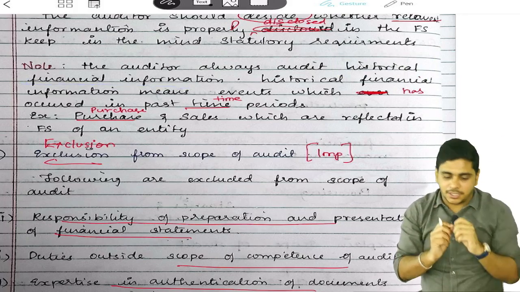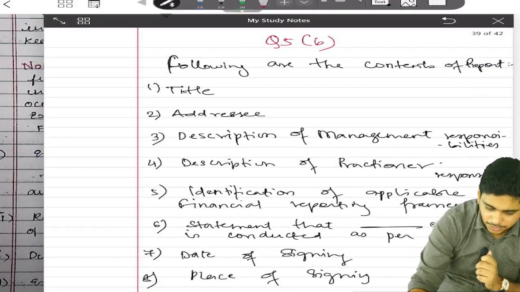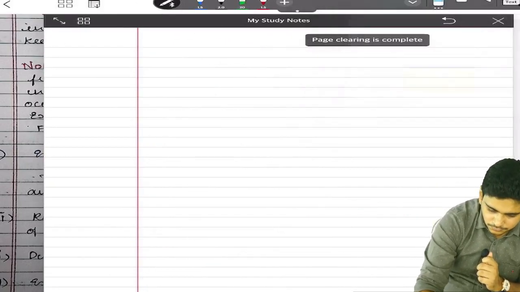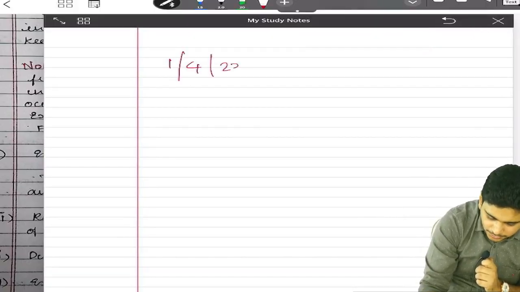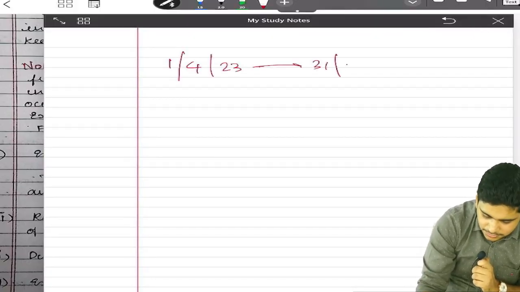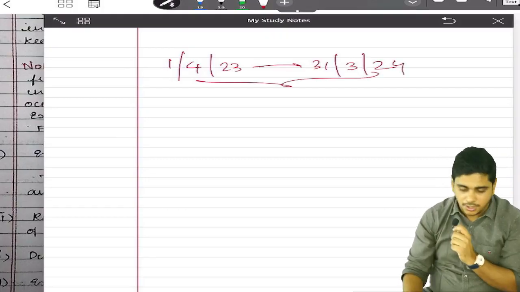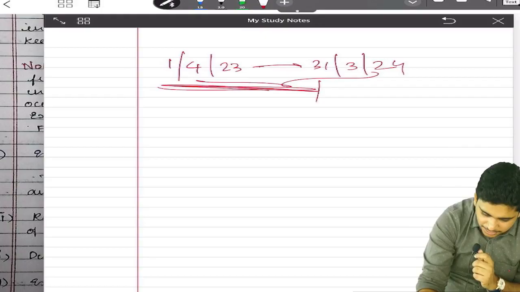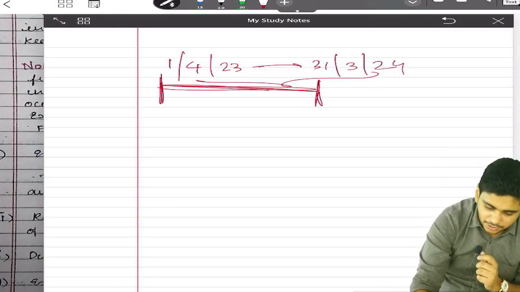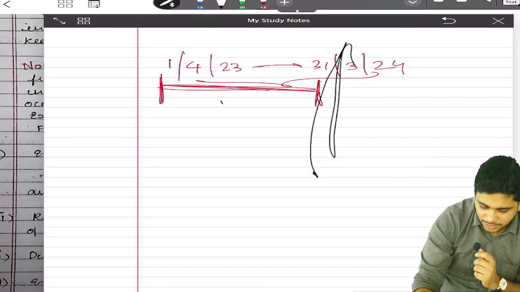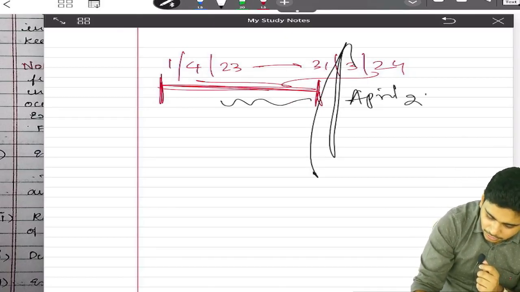When we talk about audit, this is important. 1st April 23 to 31st March 24. This is my financial year. Whatever transactions the company has done during this year, the auditor will start doing the audit either during this year or in April 24.